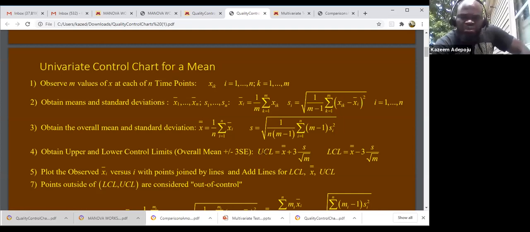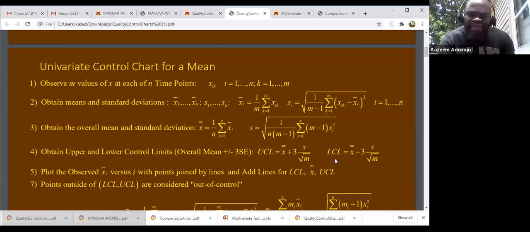The upper control limit is going to be x bar bar, which is the overall mean, plus 3 times the overall standard deviation divided by the square root of n. Then for the lower control limit, I'm going to subtract that from the overall mean. Then I'm going to have a center line.